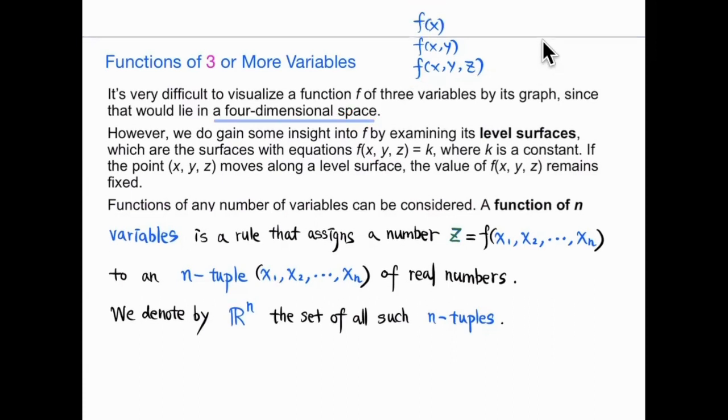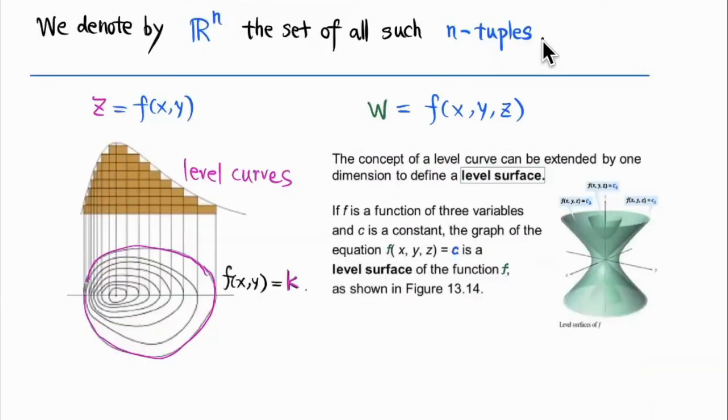However, we can actually visualize a function of three variables by examining its level surfaces. Recall that when we try to examine the graph of a function of two variables, we examine its level curves.